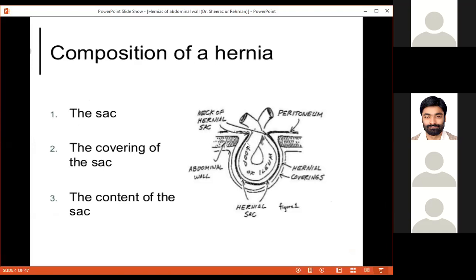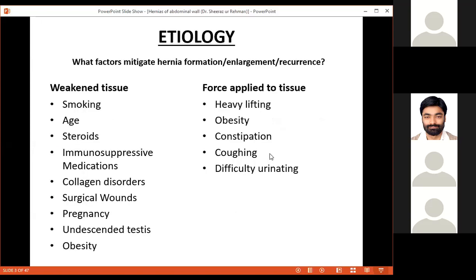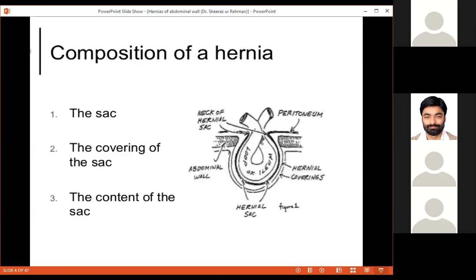And the part of the viscus would be the content of the small bowel loop, and the covering will be formed by the peritoneum lining, which is the hernial sac. So in this picture, one can appreciate that the patient has the hernia composed of a sac, the covering, and it has its own contents.